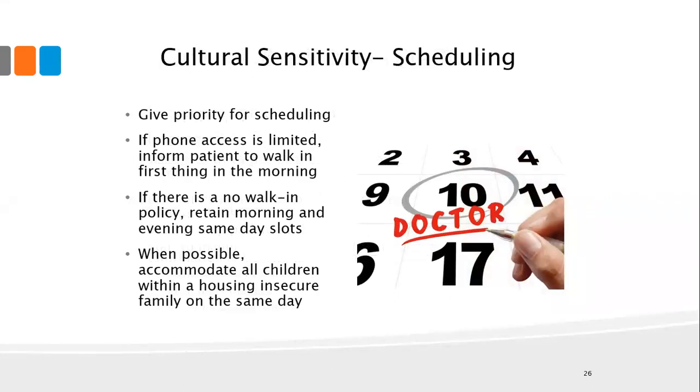Scheduling. Giving priority is key because sometimes they don't have transportation, so they might arrive at like lunchtime, which is not ideal, but if we can accommodate them, that would be great. And if phone access is limited, try to have a walk-in policy, whether it's first thing in the morning or to try to have same day slots, because this can promote continuity of care.